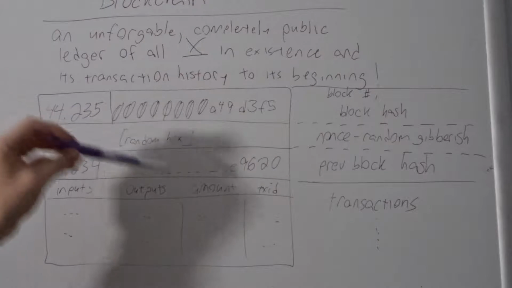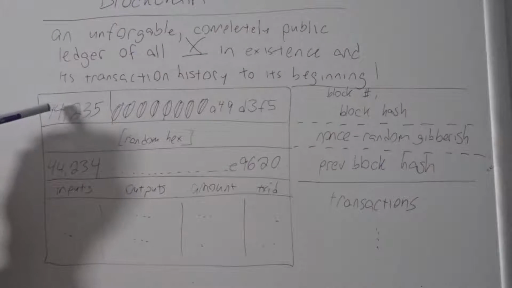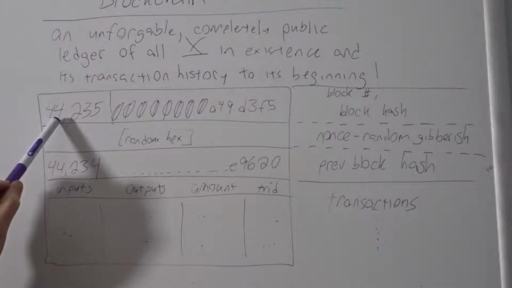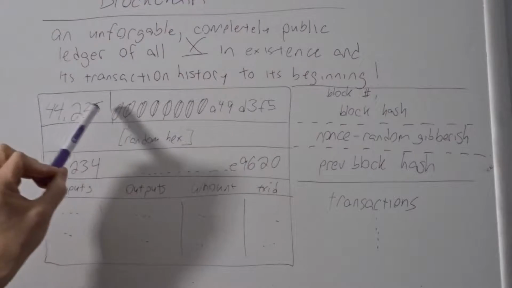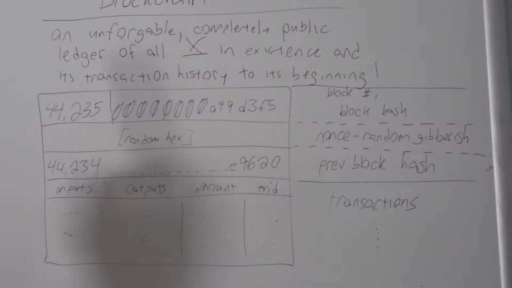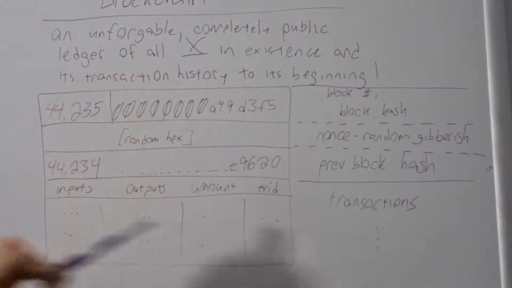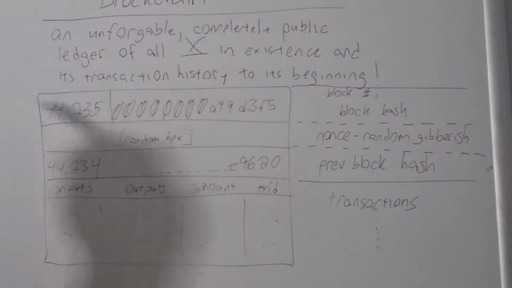Now, being completely public means that anybody can request this block, which we're indicating is 44,235. We're just putting a number on every block. Anybody can ask for this block, and if we all ask for that block, we'll all get the same thing. So it's completely public to see what this block or the previous block or all 44,000 blocks.